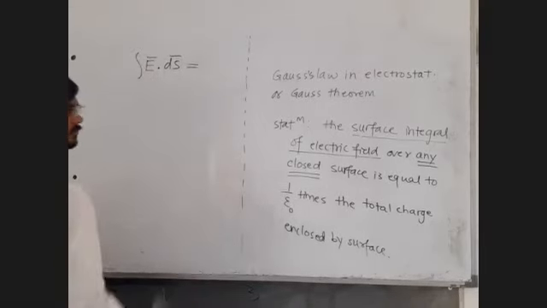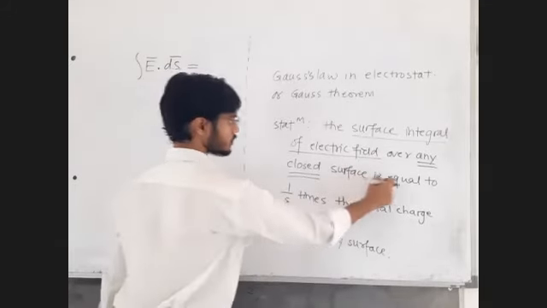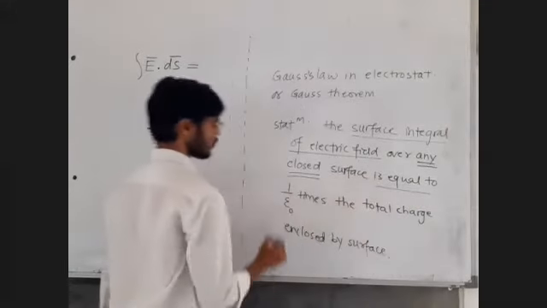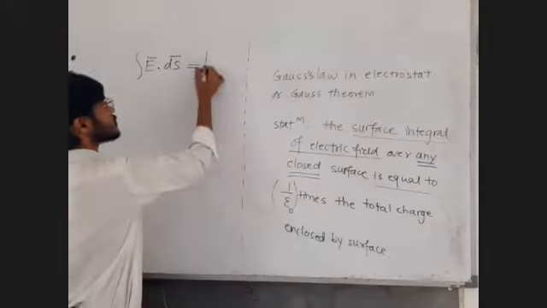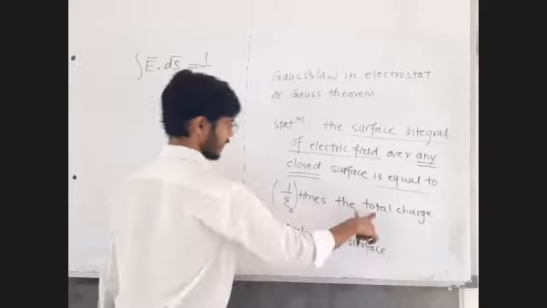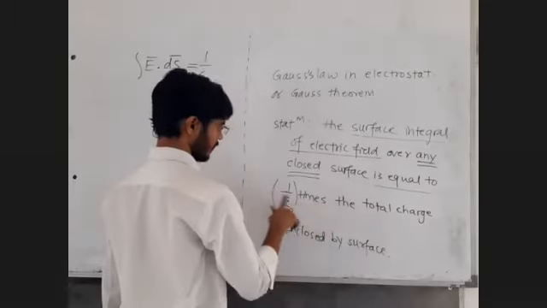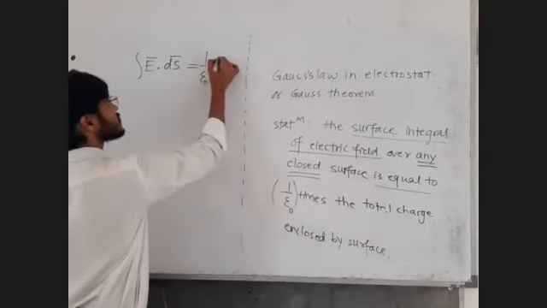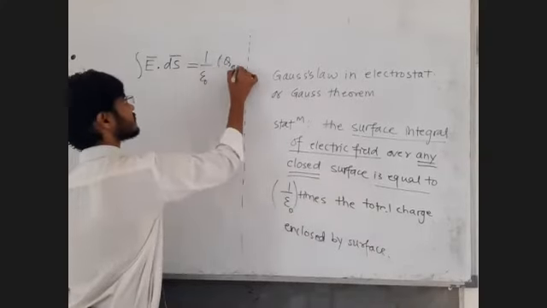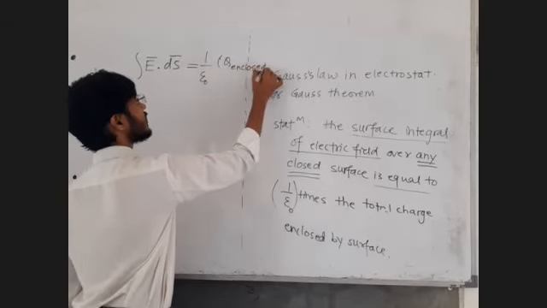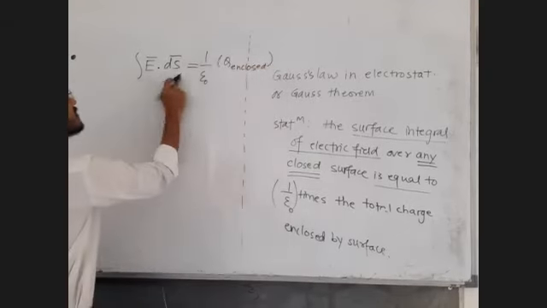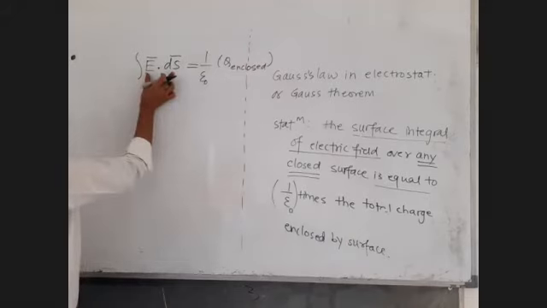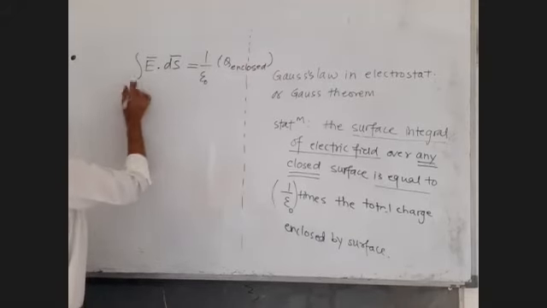It is equal to 1 upon epsilon 0 times, multiplied by the total charge enclosed by the surface. This we already know, because what is this? This is d phi, small electric flux, total electric flux, but the surface is now not an open surface.